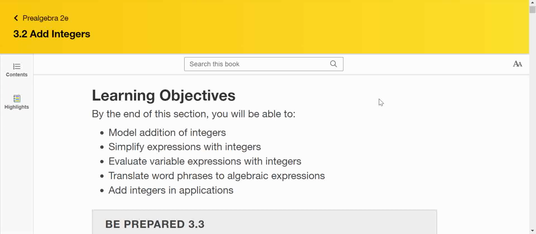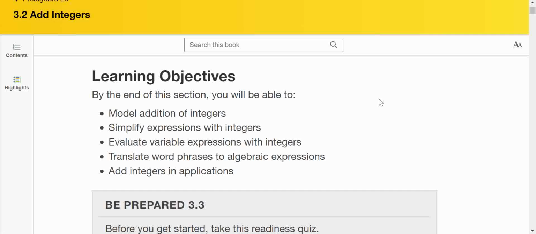By the end of this section, you will be able to model addition of integers, simplify expressions with integers, evaluate variable expressions with integers, translate word phrases to algebraic expressions, add integers in applications.